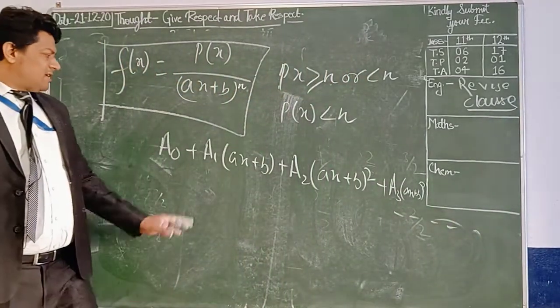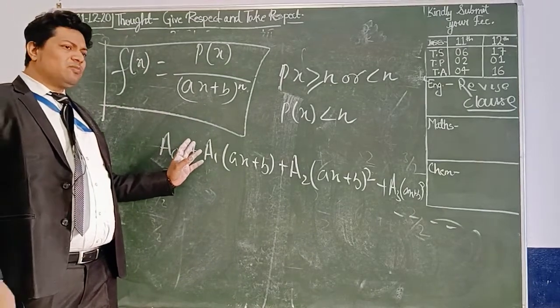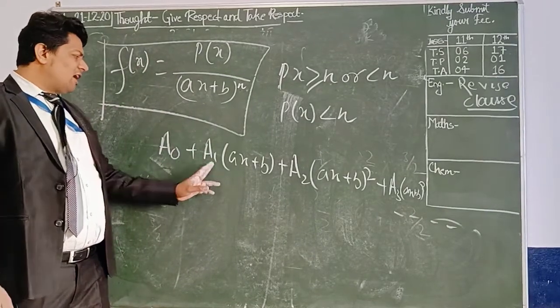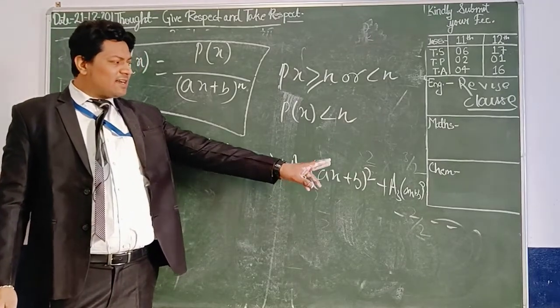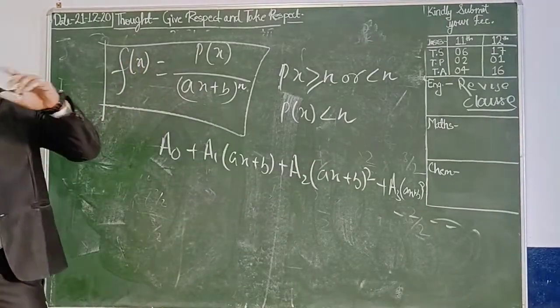Is it clear? Here a0 (ax plus b) power 0 means 1, so you are getting a0 plus a1 (ax plus b) plus a2 (ax plus b) power 2 plus a3 (ax plus b) power 3. Is it clear? Like this you have to arrange.